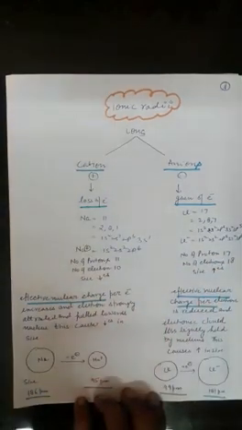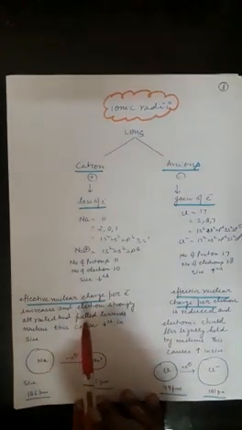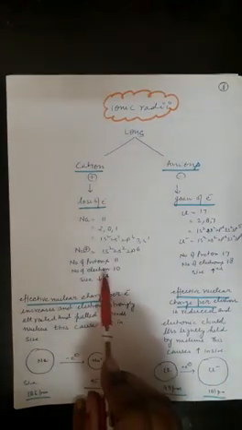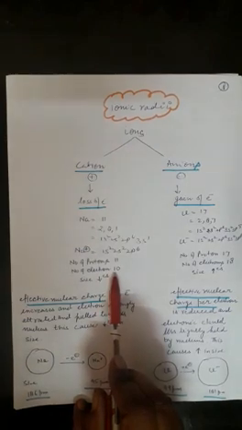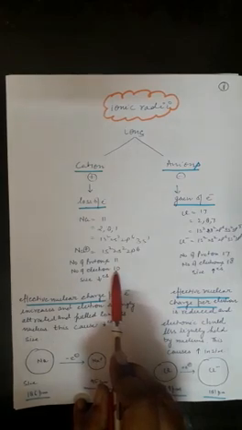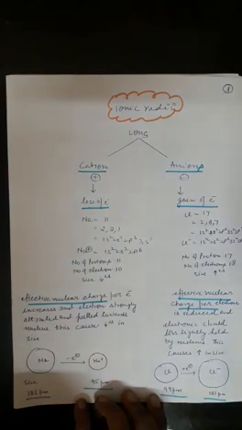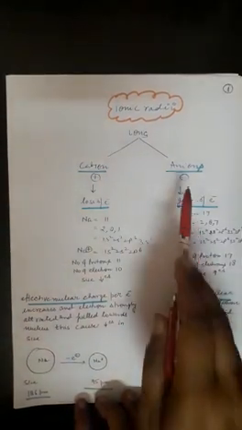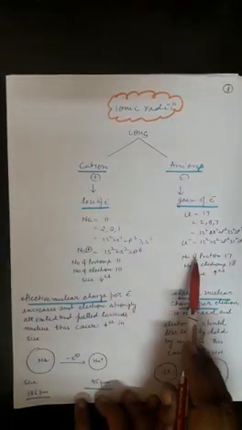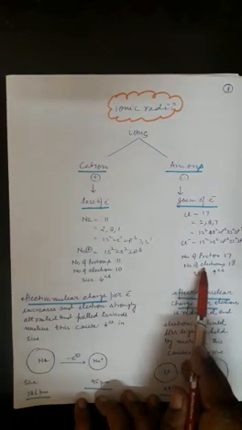Now we have to discuss their size. See students, when the number of electrons decreases and the number of protons remains the same, the effective nuclear charge increases, which is responsible for the decrease in size. Whereas in the case of anion, the number of protons is lesser and the number of electrons is greater.